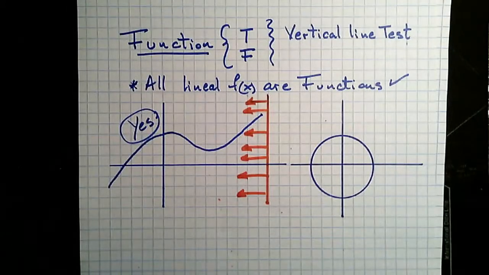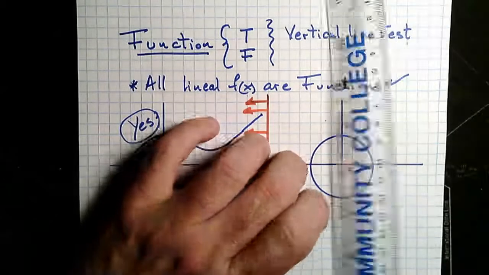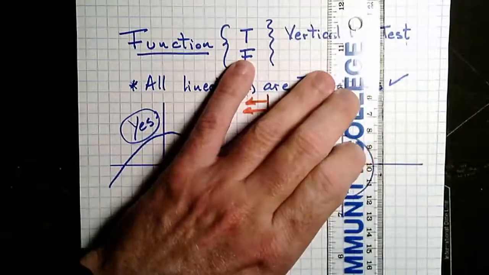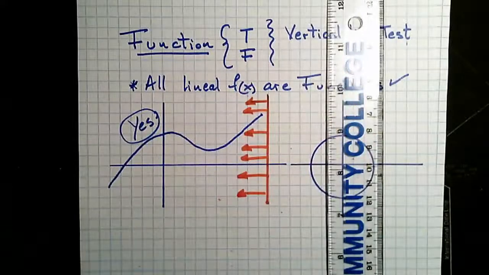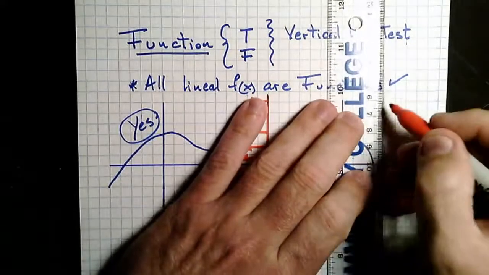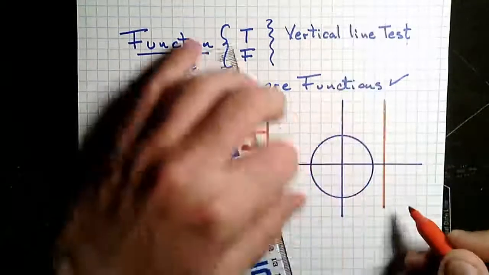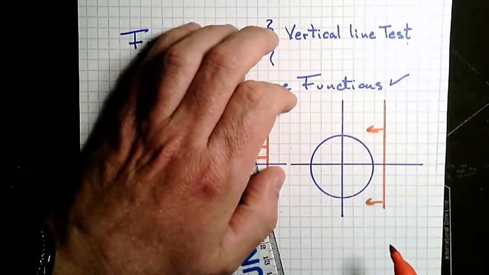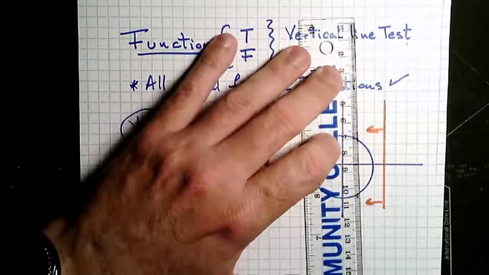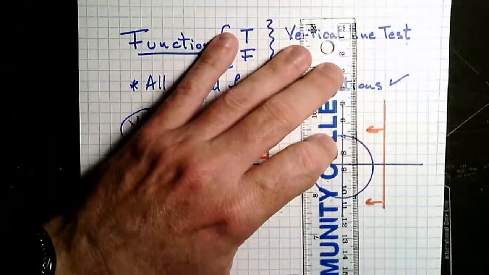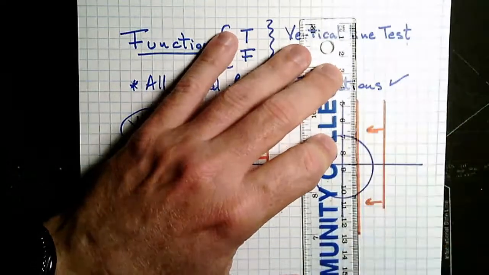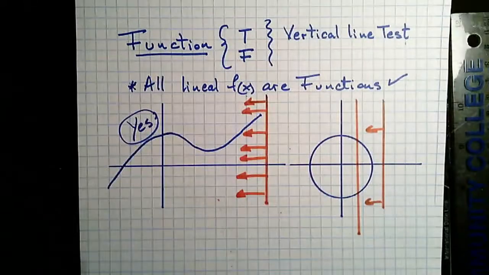If I pass a hypothetical vertical line through the circle here, if I transport it, I am going to cut in more than one point, like this situation. So let's see what is the meaning of that.